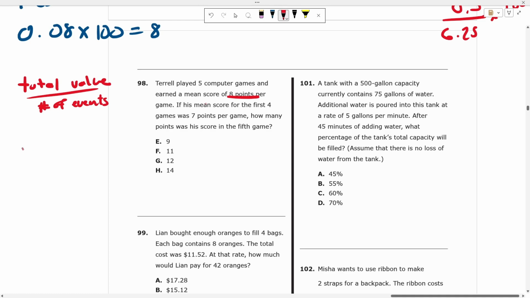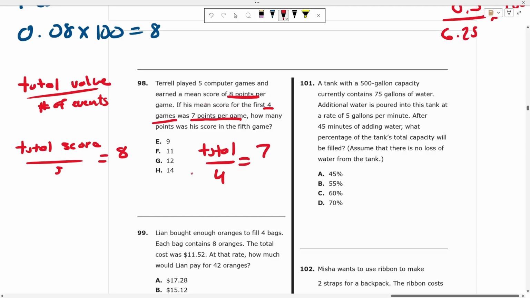Okay, so his total score for all 5 games divided by those 5 games is 8 points, right? That's how many he scored per game. If his mean score for the first 4 games was 7 points per game, you have your total score divided by 4 equal to 7. Multiply both sides by 4, and you know that in total for those 4 games you scored 28, okay?